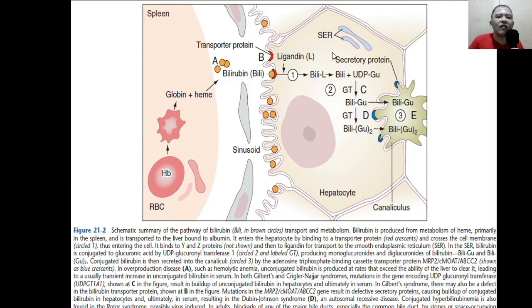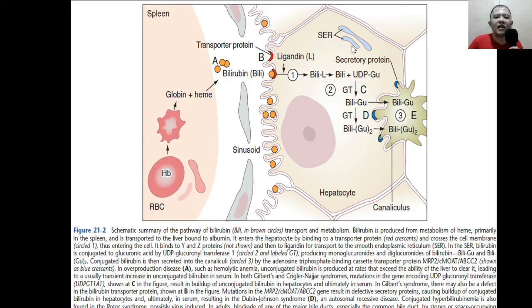So if there is a deficiency in the secretory protein or the protein transporter, that will also lead to an increase in the conjugated bilirubin.